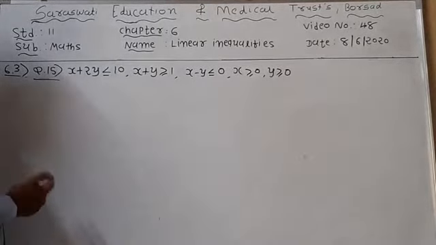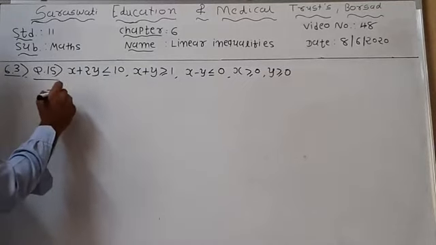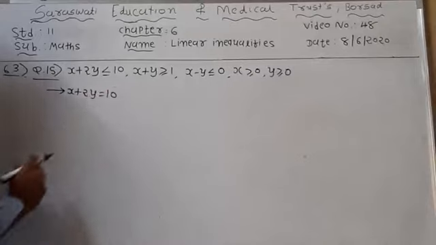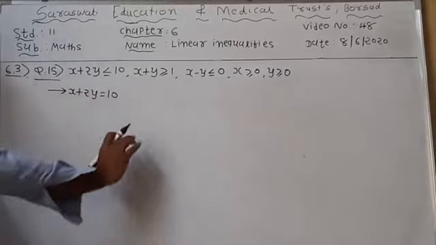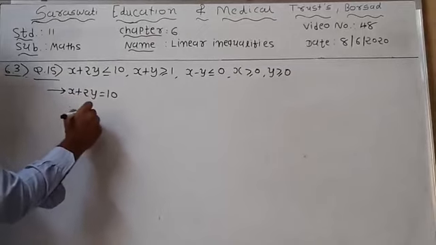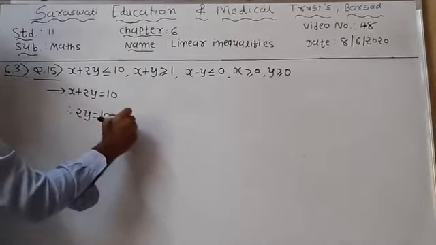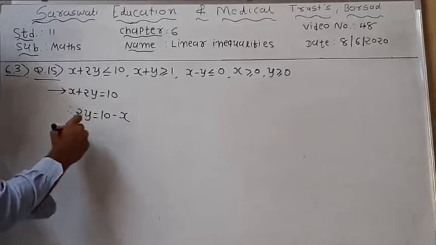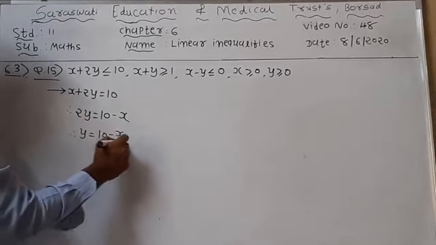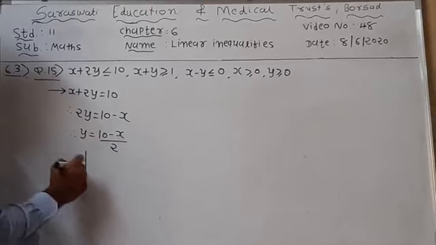Now in the first equation, x plus 2y is equal to 10. Writing x on the opposite side, 2y is equal to 10 minus x. Now dividing by 2, y is equal to (10 minus x) divided by 2.